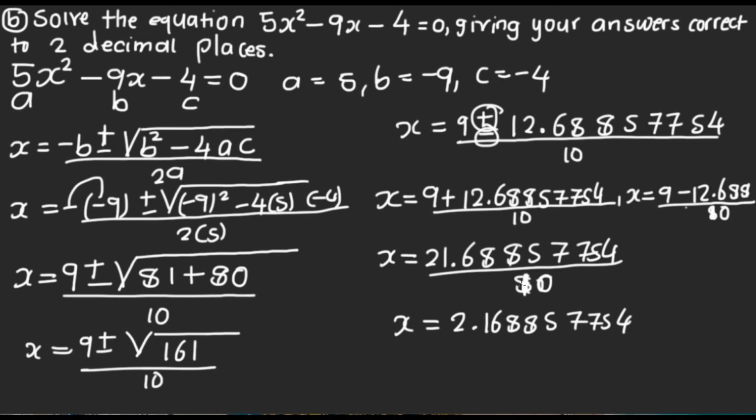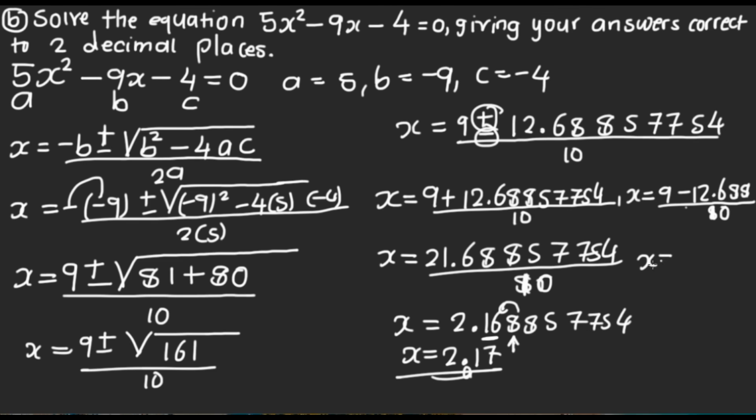When you divide by a number like 10, you just move the decimal one point to the left. Now at this point we can round it off. Correct to 2 decimal places, we just need 2 numbers after the decimal. So the 2 numbers are 1 and 6. Now after the last digit, which is 6, we have 8. 8 is greater than 5, so we add 1 to this one. So our final answer is 2.17.